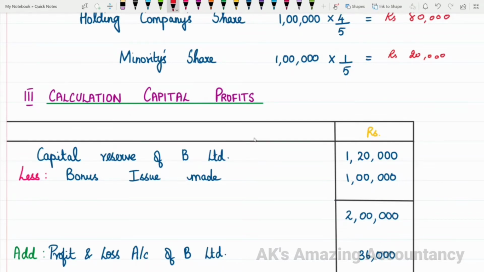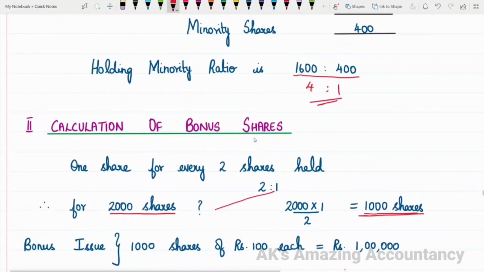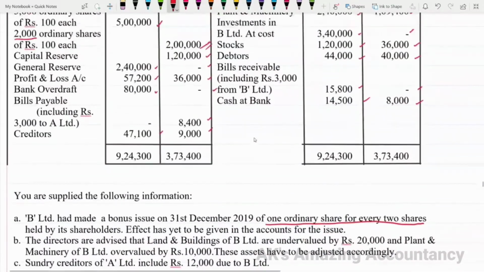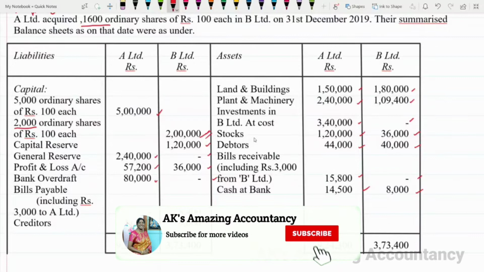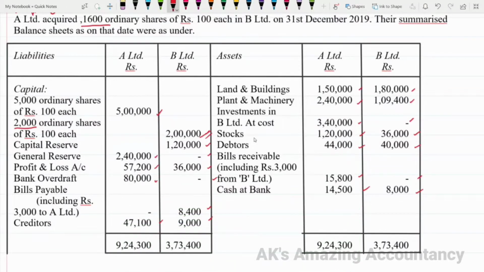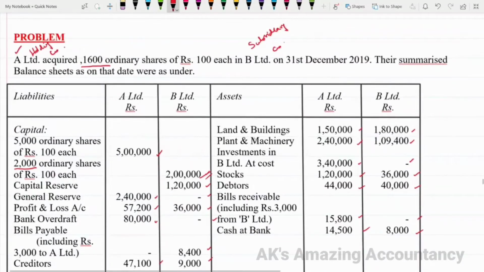Let us have a look at the problem here. For this purpose, you have to see only the subsidiary company's column. In the subsidiary company B Limited's column, we have capital reserve. All these were existing on the date of acquisition itself. The balance sheet date and the date of acquisition are the same as far as this problem is concerned.